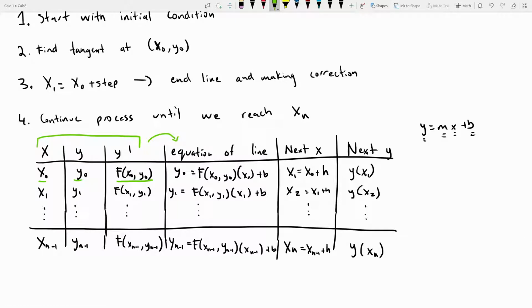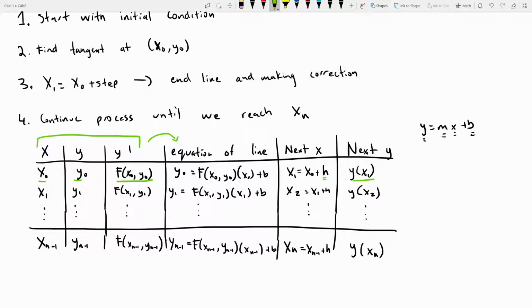Now we compute the next value of x, and this h right here is the step size. So we find this next x, and then we compute the y value at that next x, basically finding the coordinate of where we're going to start this new line.